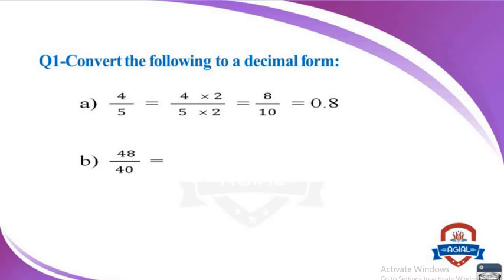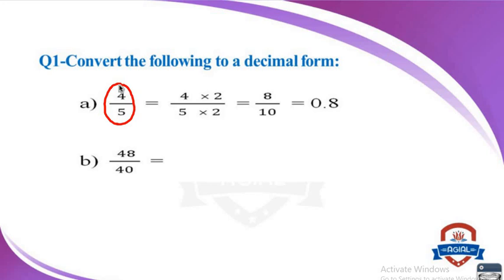Okay, convert the following to a decimal form. That's fraction 4 over 5. Is it a decimal fraction, or can it be a decimal fraction? Yes, it can be changed from a fraction to a decimal fraction to write it in decimal form. How can I change it? What's the meaning of decimal fraction? A fraction that has a denominator of 10.